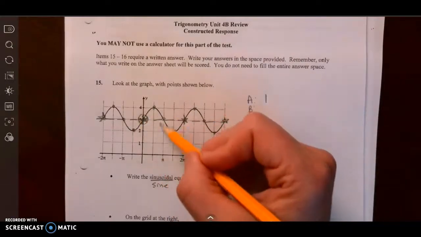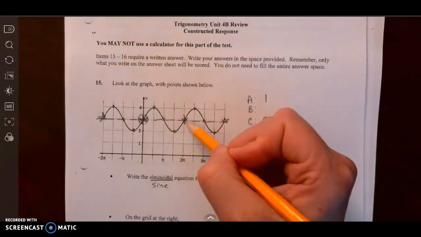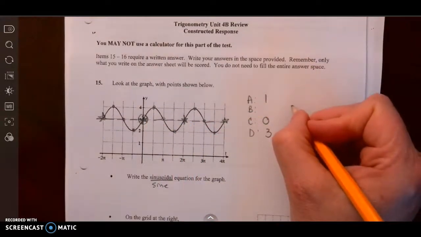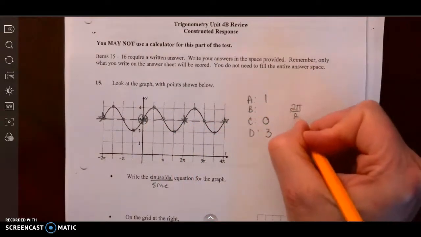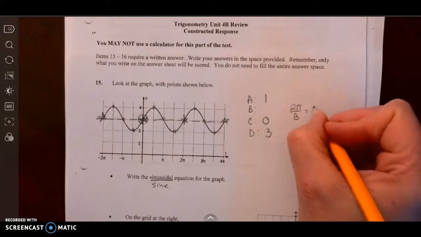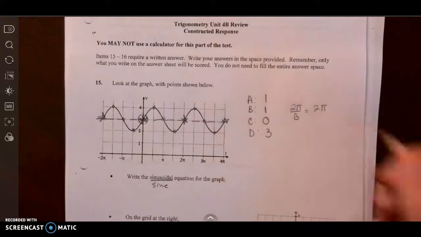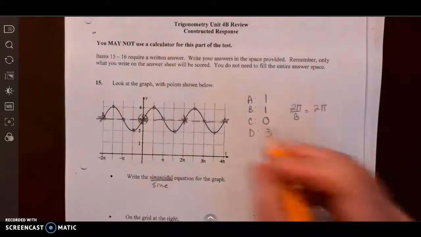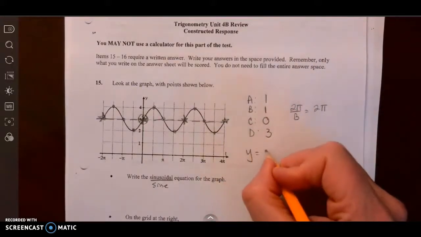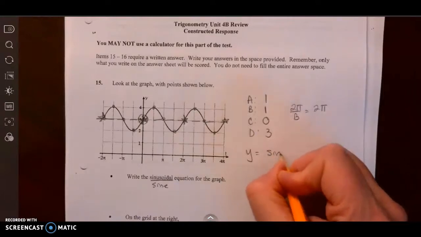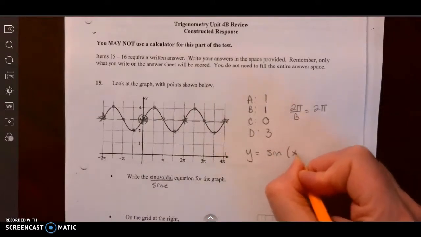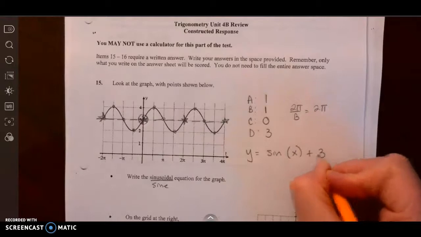The period is still 2 pi, which means 2 pi divided by b equals the period, which is 2 pi. So b is just 1. So what's my sine equation? Y equals 1 times the sine of 1 times x plus 3.